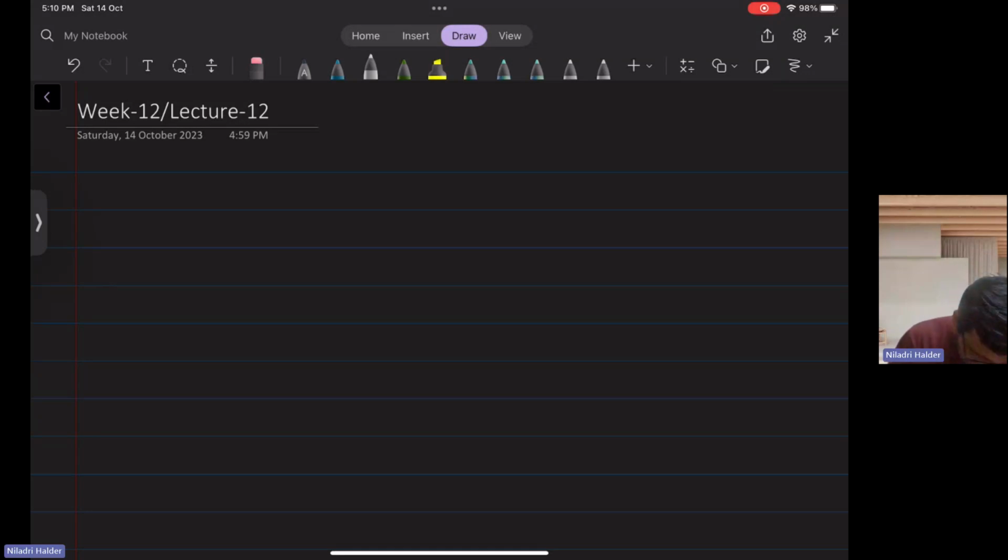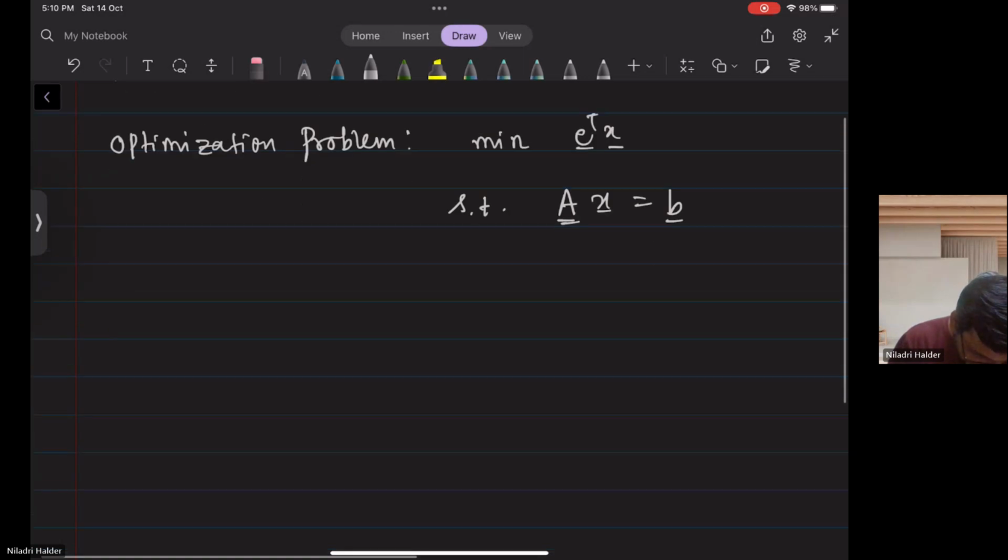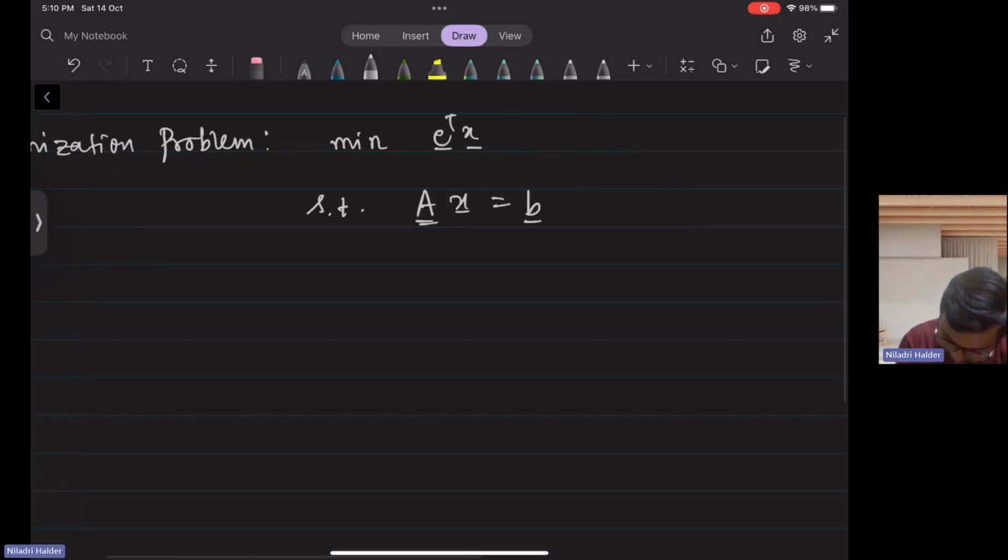So the SDP problem is that let us take a linear program problem. So the optimization problem, let us take like that: minimizing c transpose x subject to Ax equal to b, and this is a linear constraint.